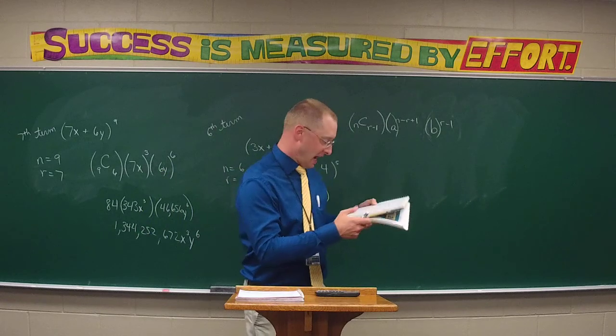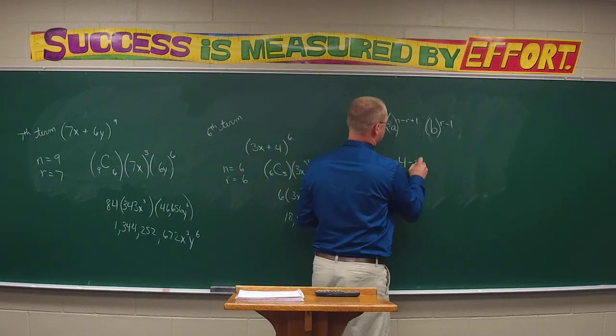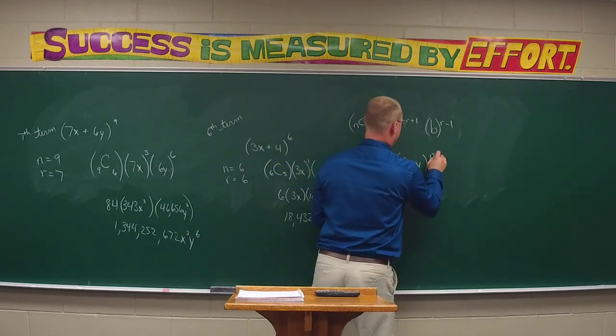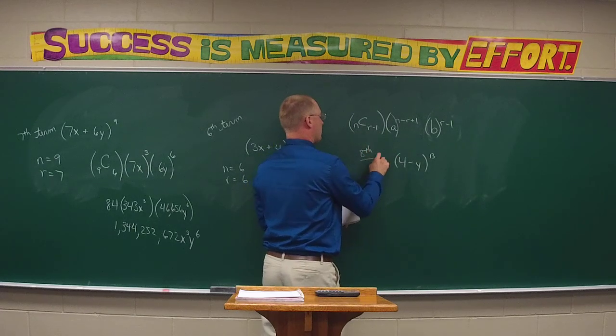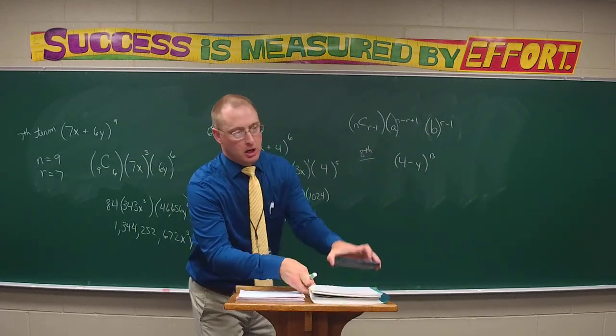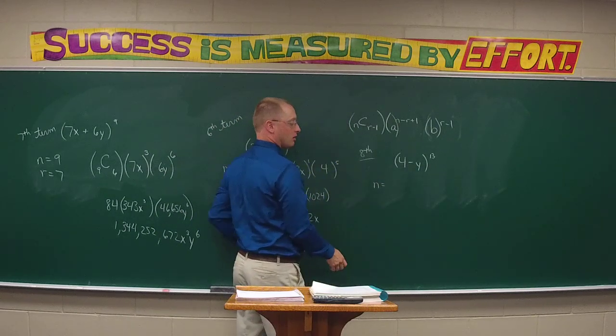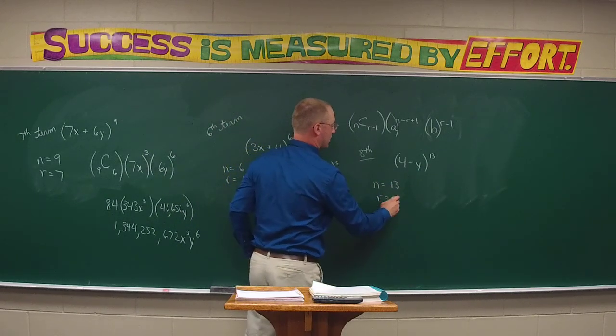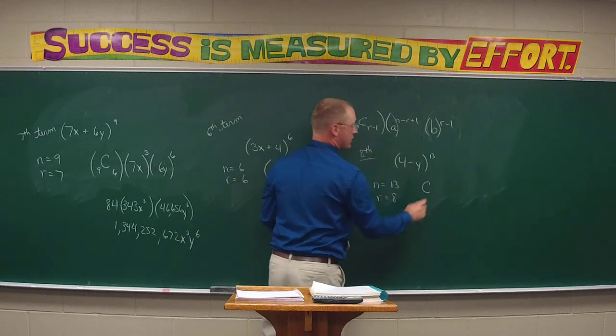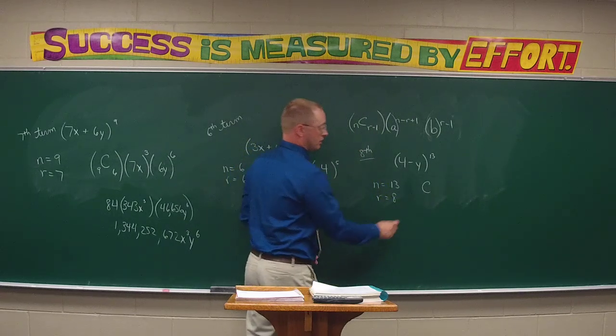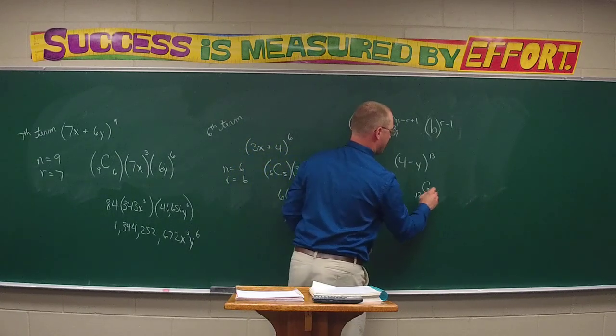All right, number 35, we had a 4 minus y raised to the 13th power. They wanted the 8th term. Let's see here. Audrey, what's n? 13. What's r? 8. So we're going to take a combination of 13 takes 7.